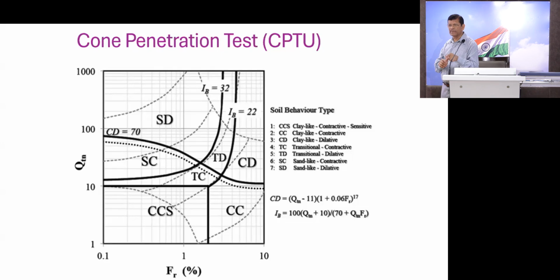For a simple example, with soil liquefaction, the contractive soil is prone to liquefaction, not the dilative soil. The dilative soil is more of a drained kind of condition, while the contractive soil is more of an undrained kind of condition.